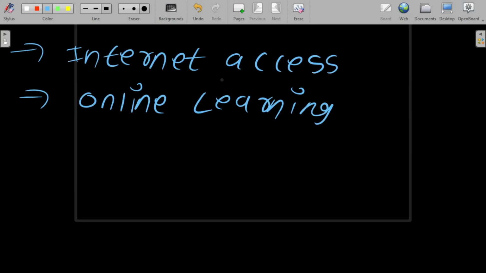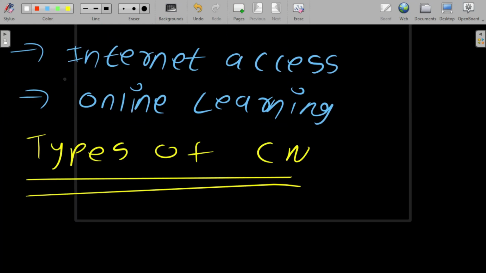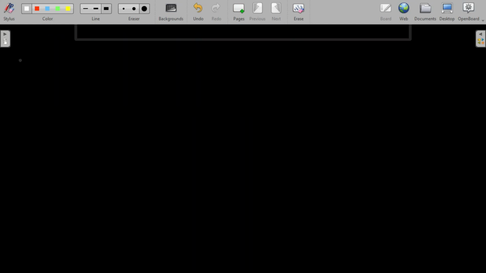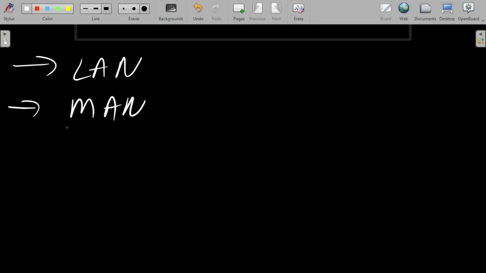Now let us see the types of computer networks. Networks are classified based upon their sizes. There are mainly three types of computer networks. One is LAN, the second is MAN, and the third is WAN. Let us understand each one.